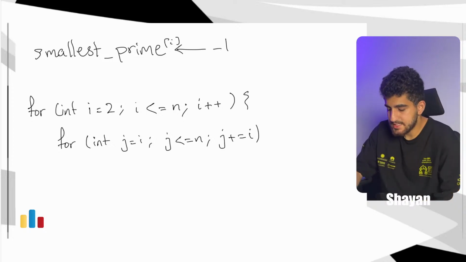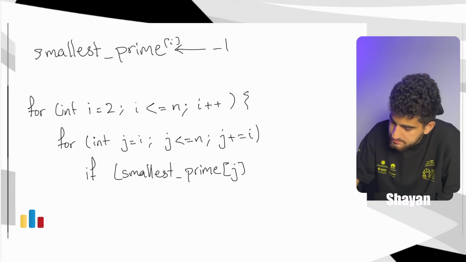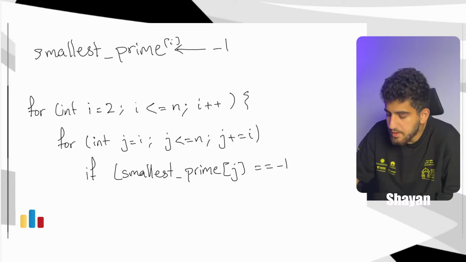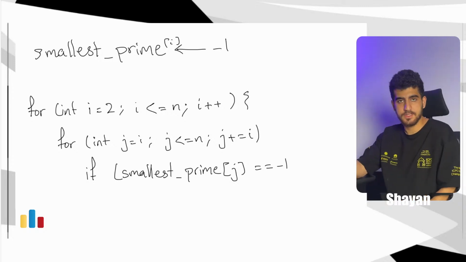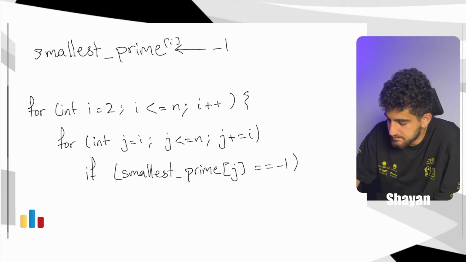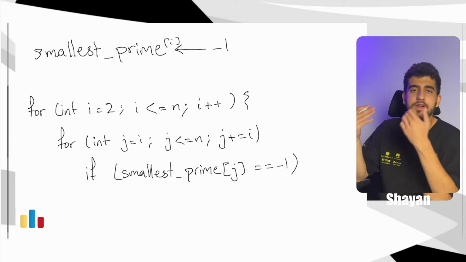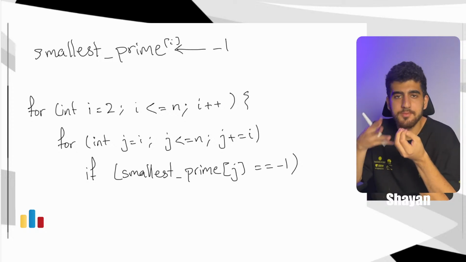You just say that if smallest prime of j was equal to -1, it means that so far I haven't found any number that j is a multiple of. So i is the first number that divides j.